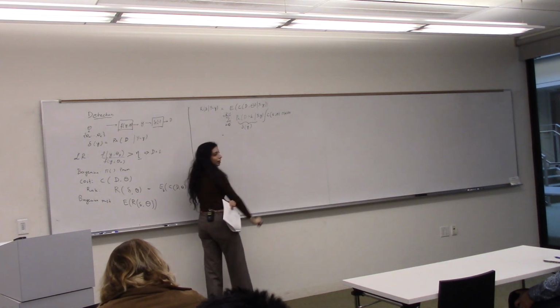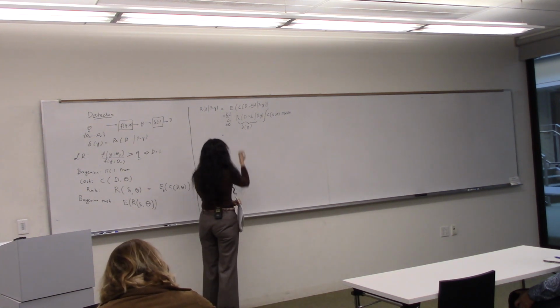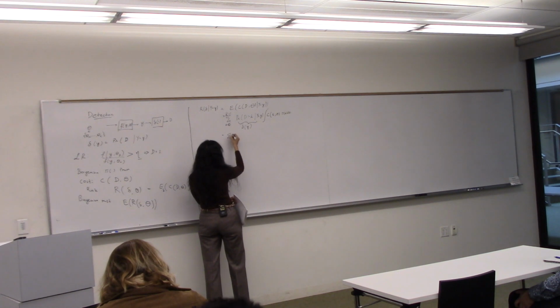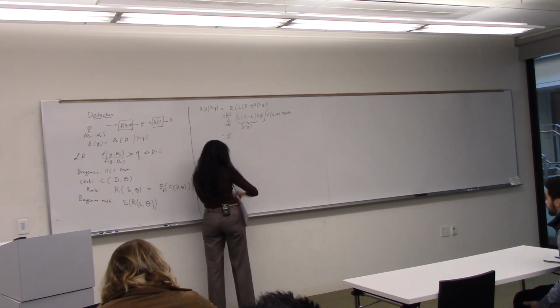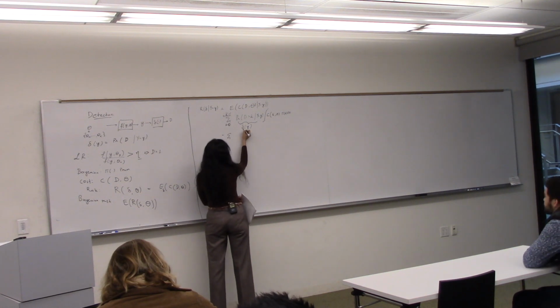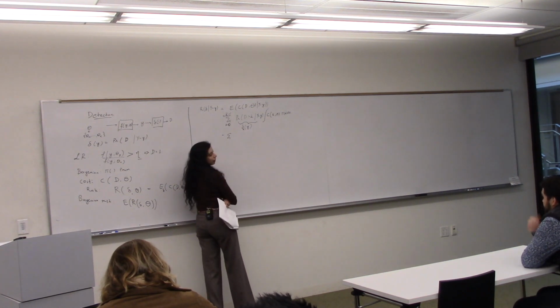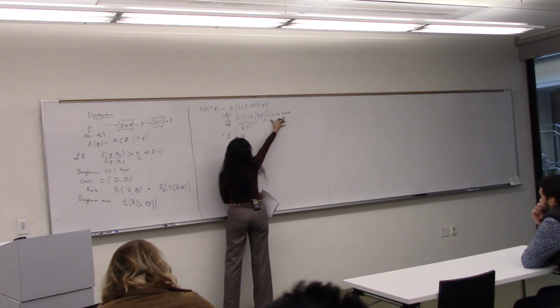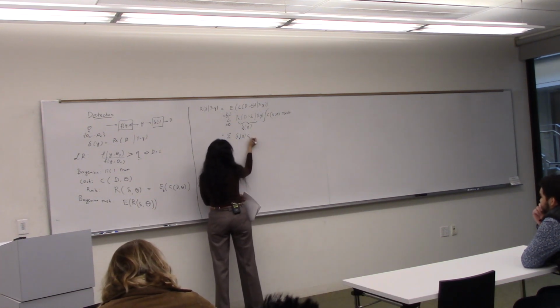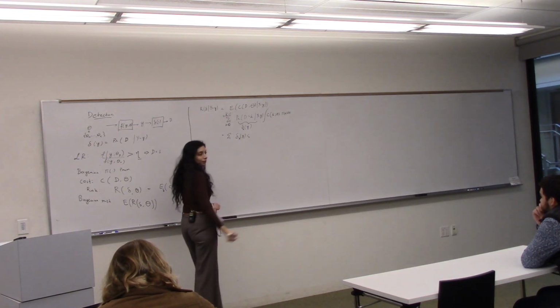So I integrate out the prior. I can write it in a compact form, let me call this delta k because the detector is making decision k, and there is some cost that is a function of k, and that's it.